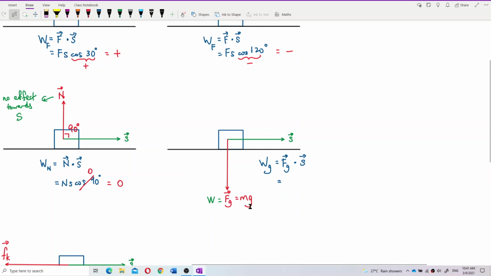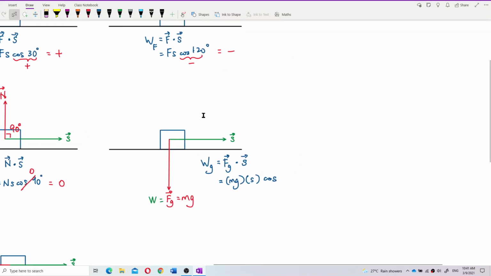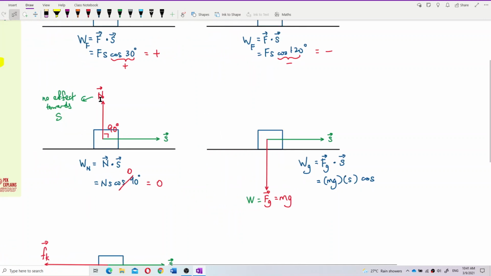Fg is actually mg, so we change the Fg to mg, multiply by the s, and then mg times s cosine. What's the angle between gravitational force and displacement? It is the same as the normal force. It is 90 degree for this case.